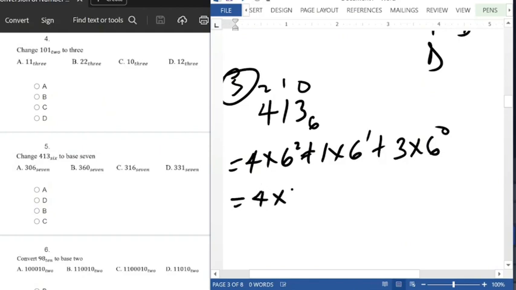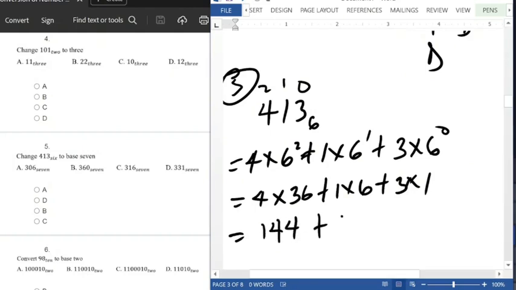That is 4 times 36 plus 1 times 6 plus 3 times 1. So multiply 36 by 4, that gives us 144. 144 plus 1 times 6 is 6, plus 3 times 1 is 3. So plus 6 plus 3. That gives us 153.